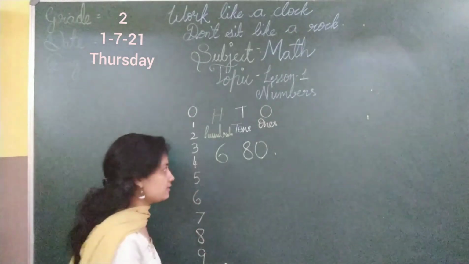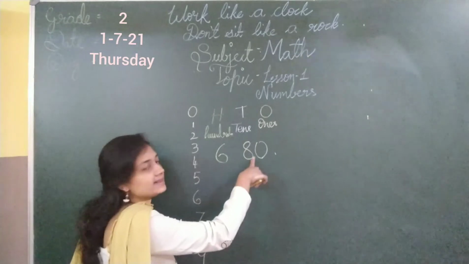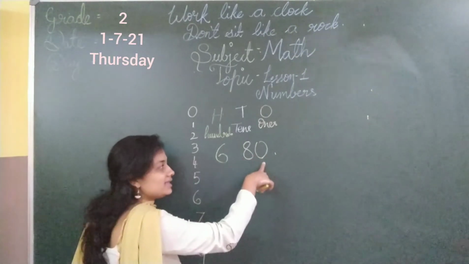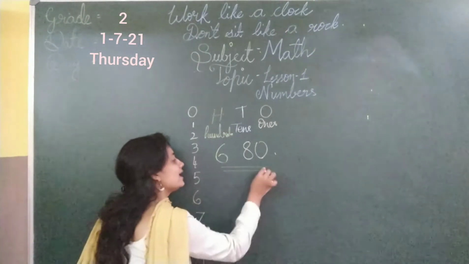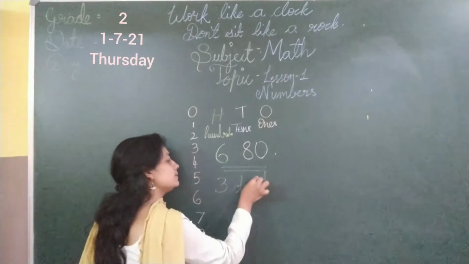So how do you read this number? 680. You don't have any number in the ones place, so it's 80, and the number is 680. So this is a 3-digit number.